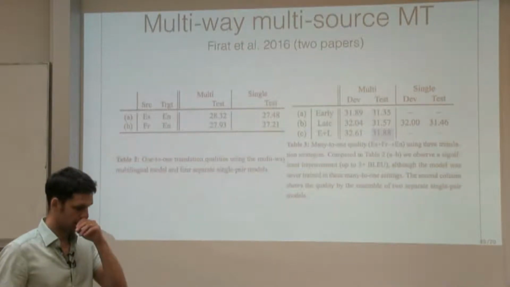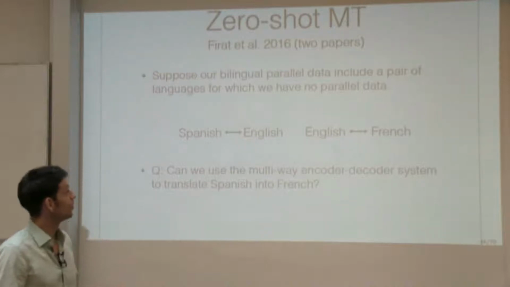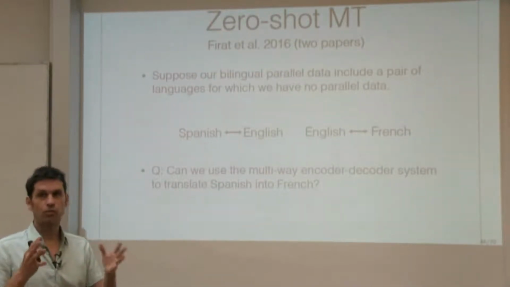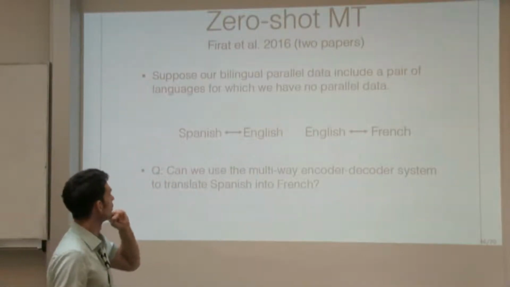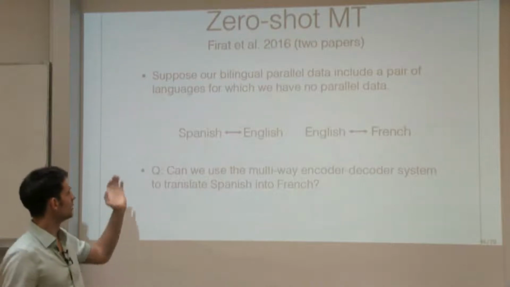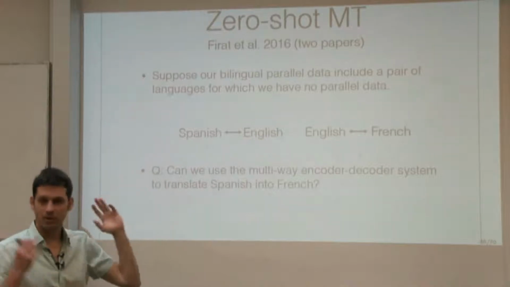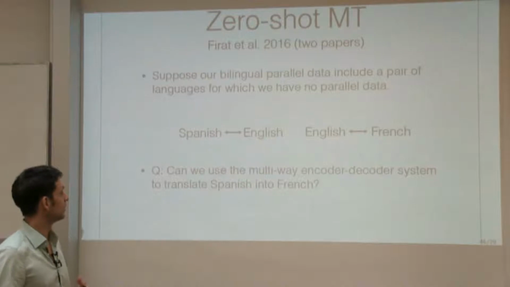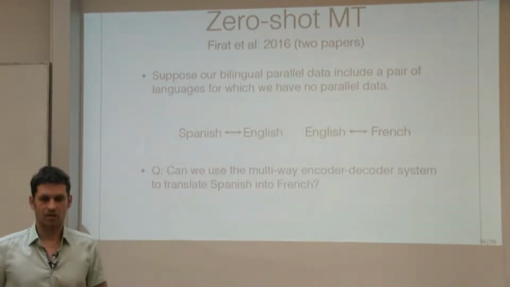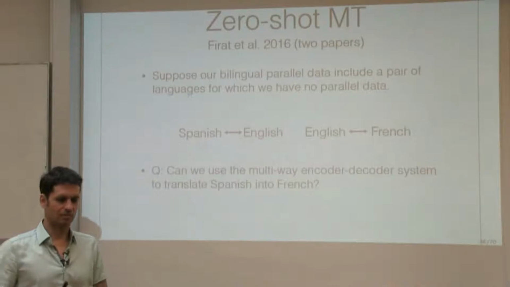But still, these multilingual systems are interesting for zero-shot translation. So imagine that you have two parallel corpora, Spanish-English and English-French, and you would like to translate between Spanish and French. So one way to do it would be to train independent systems and explicitly go via English, but that is like two steps, so it takes twice the time, and there can very easily be some information loss because you need to pick the wording.